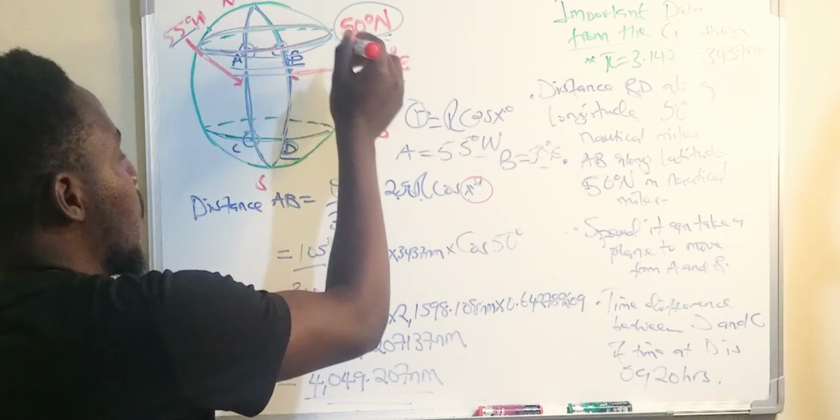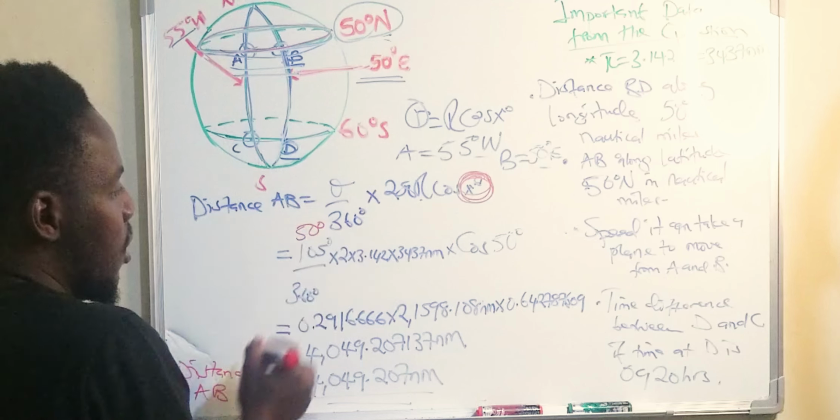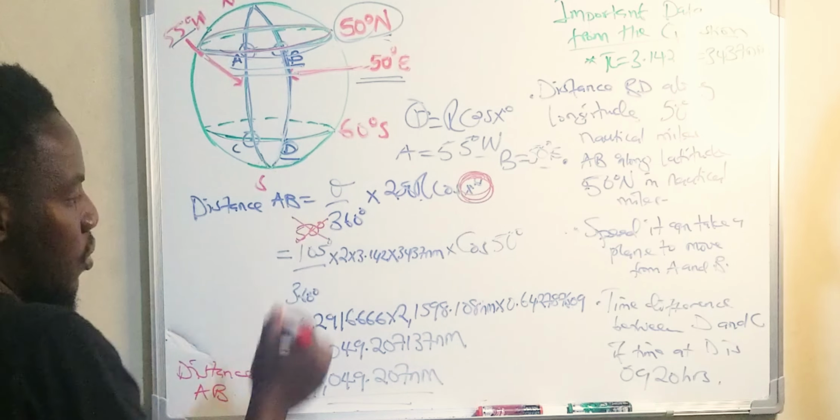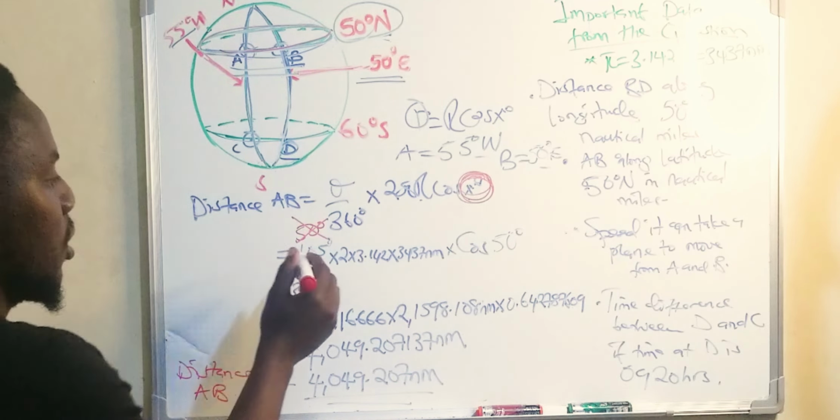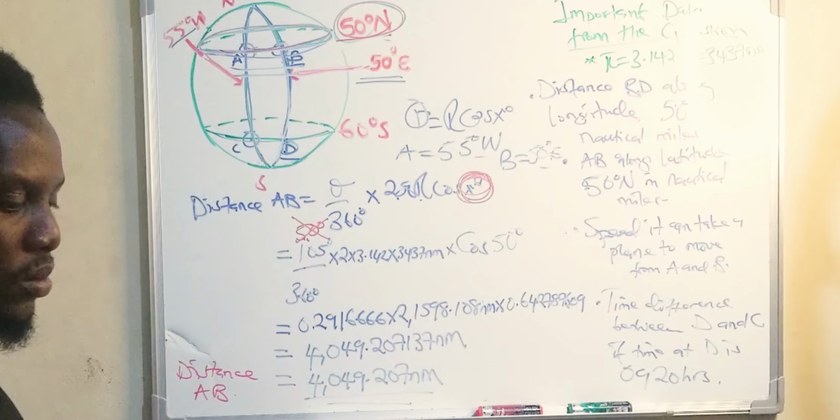Please do not make the mistake of thinking that theta is the value for x. Some people would come and put 50 degrees here. That is something you need to avoid, because theta is not the latitude in which those 2 points lie. No, theta is the difference in longitude.